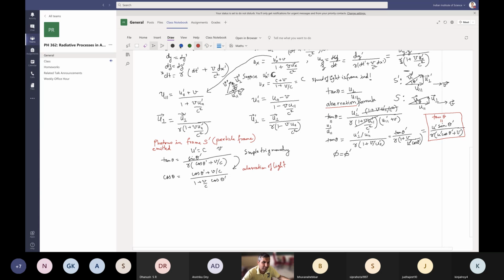So what does it mean? Let's consider a situation in the particle rest frame. Suppose you have a particle in a particle rest frame. The particle is emitting isotropically in its rest frame. For example, dipole radiation is not perfectly isotropic, right?